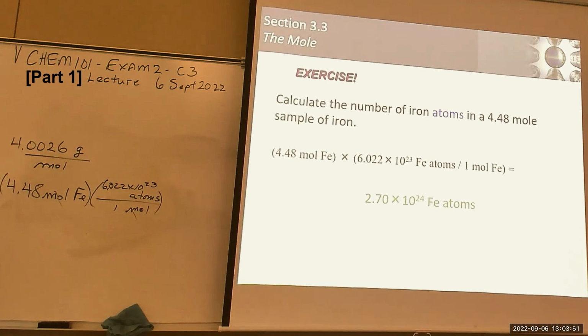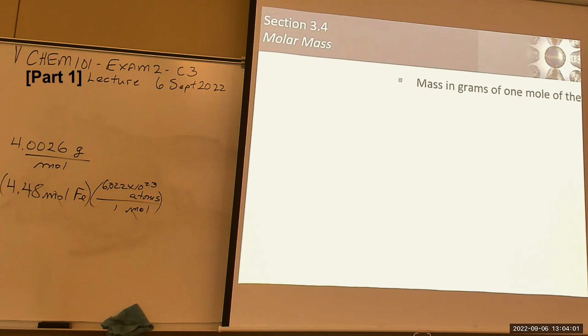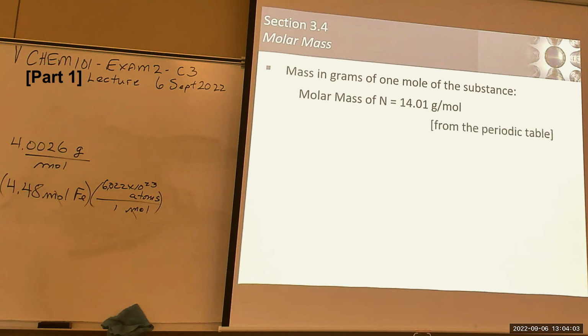So that hasn't changed any since earlier chapters. It just tends to get lost in the fog as we proceed. So this is what we call the molar mass. And you can find it from the periodic table for any element, the weighted average in grams per mole of any element on that table.